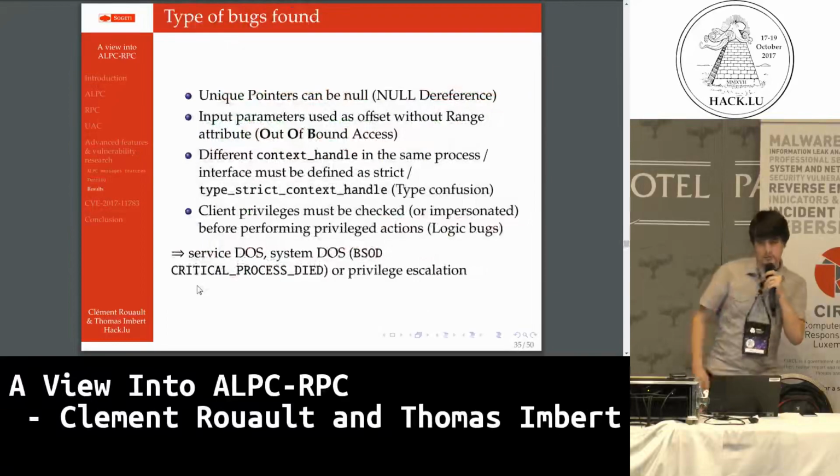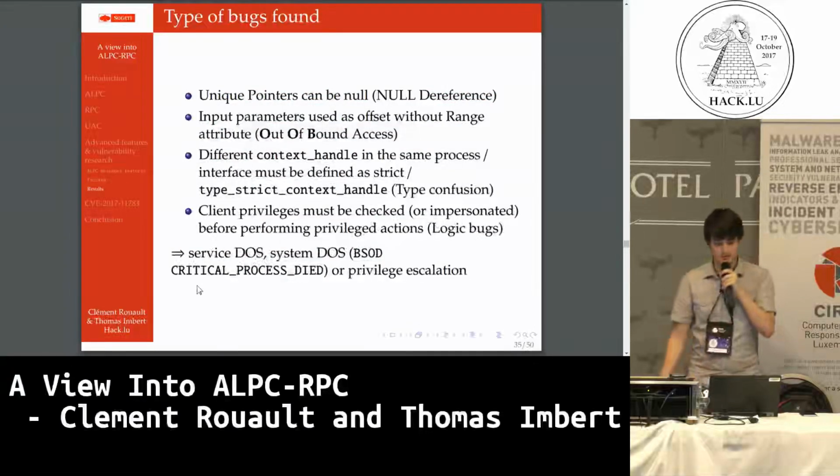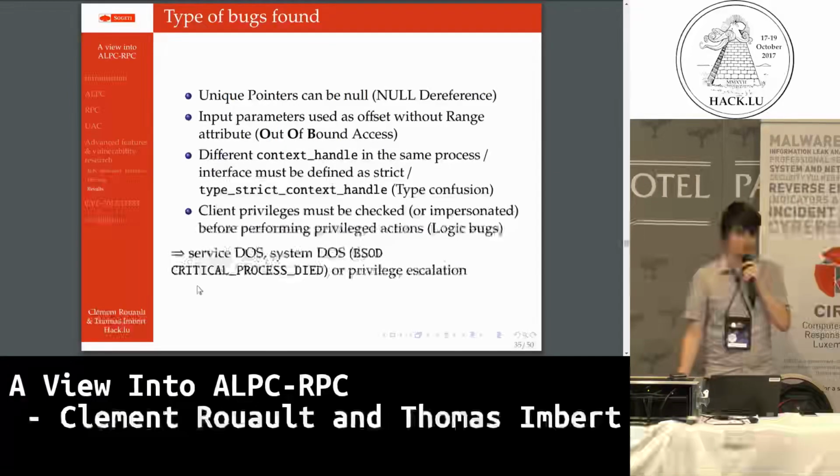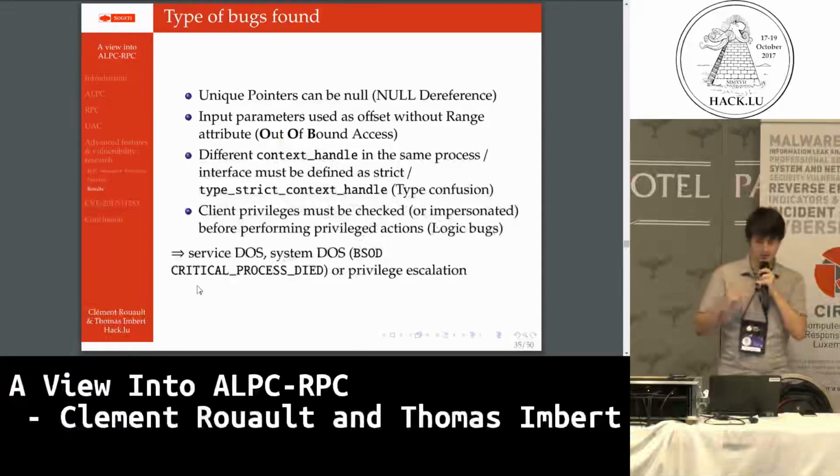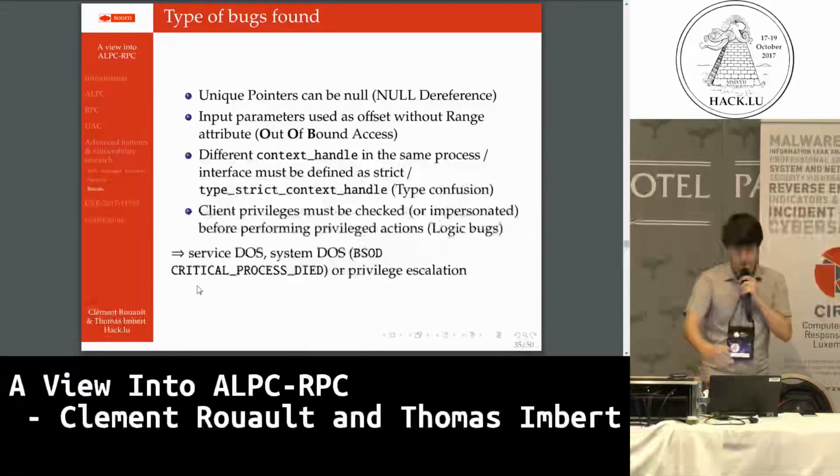So with RPC Forge, we were able to find multiple bugs, approximately 10, and most of them are null dereference or out-of-bound access due to invalid checks. So either null pointer or integers that are not checked against the range, so doing out-of-bound access. We also found a type confusion bug due to context handle.